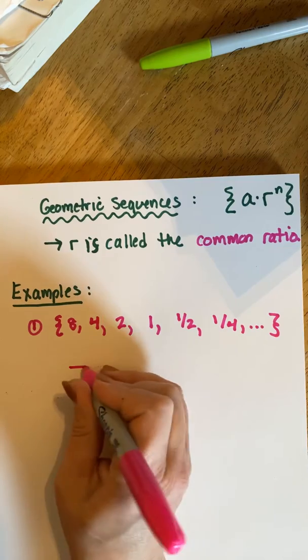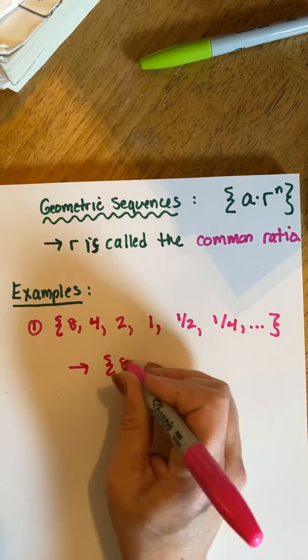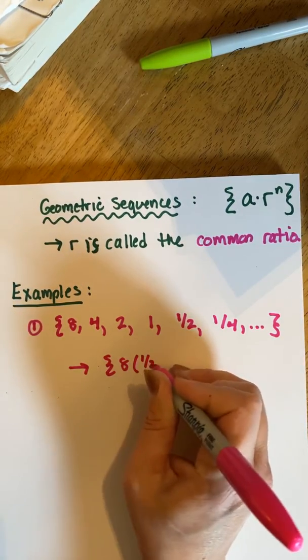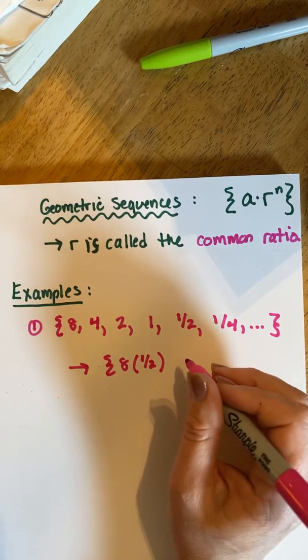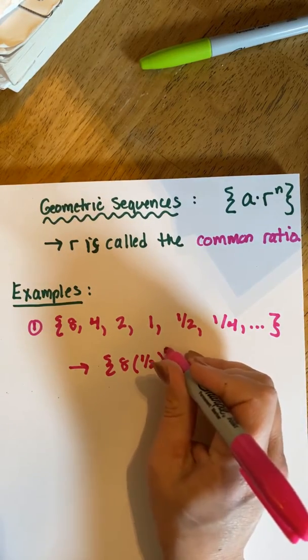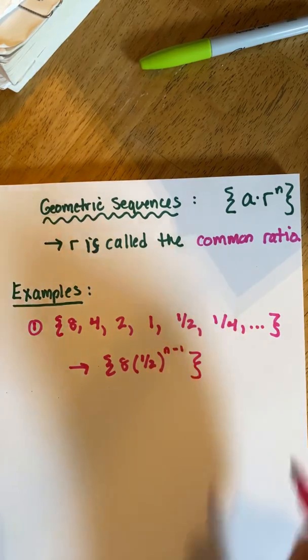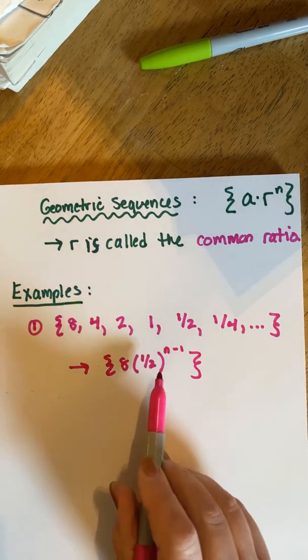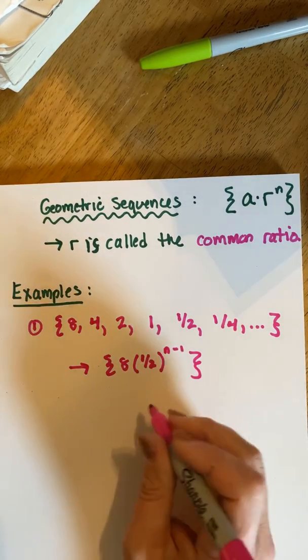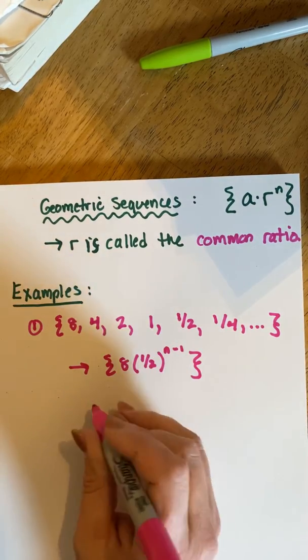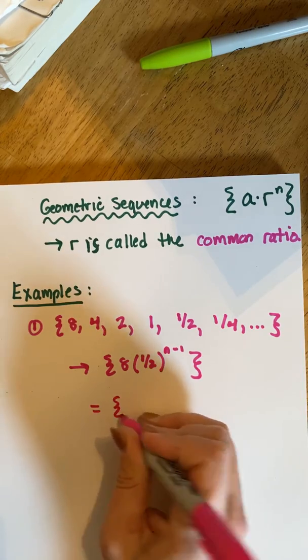So this would be 8 times 1/2 to the, oh, interesting. Yep, I'm going to do this. There's different ways I can write this. Now notice I didn't call this n, because if I called this n, I wouldn't get my first term of 8. So we could also write this as, there's different ways to write this.